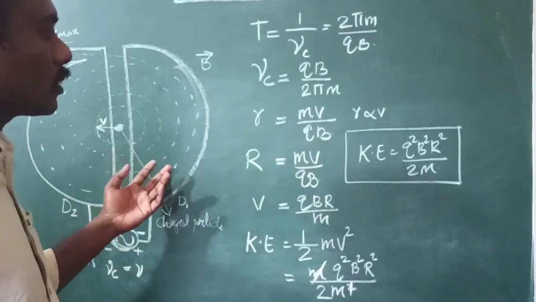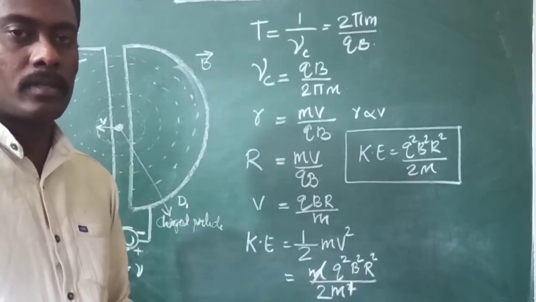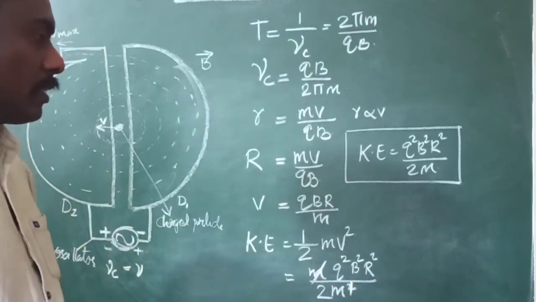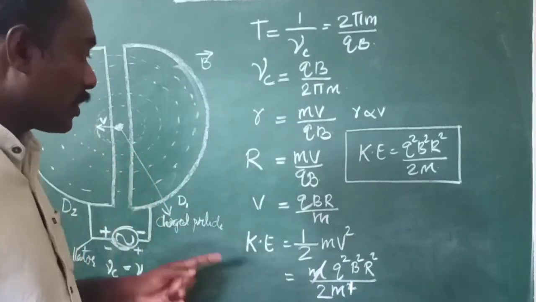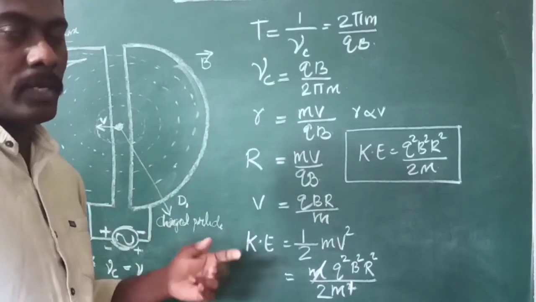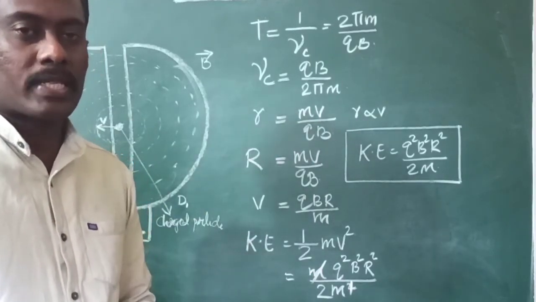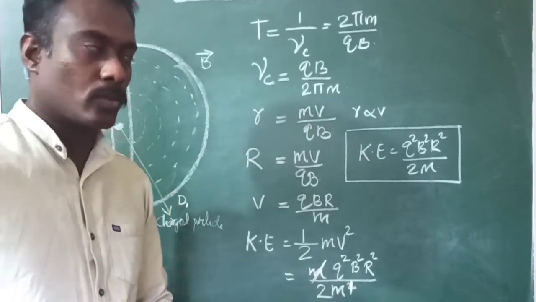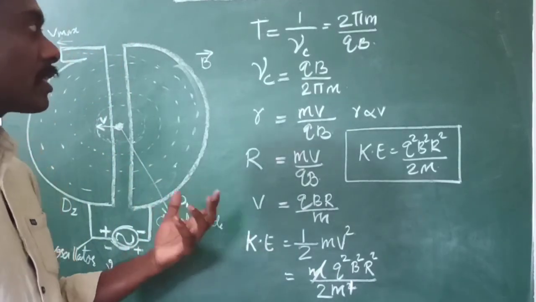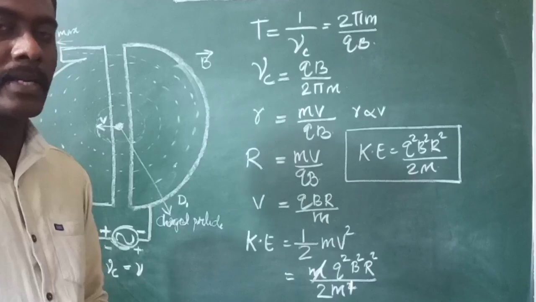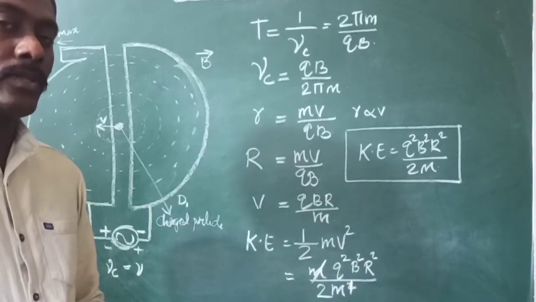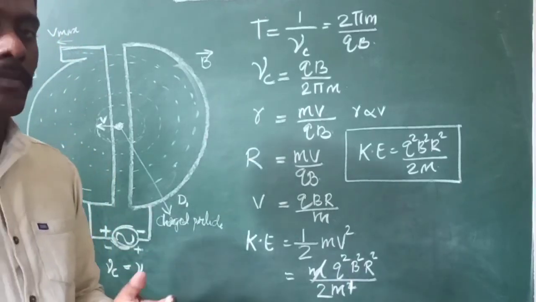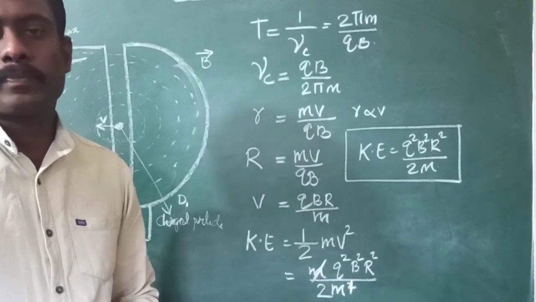Another use is that the charged particles accelerated by the cyclotron can be used to start nuclear reactions. The radiation produced by the accelerated particles can also be used to diagnose and treat various diseases. So these are the uses and some limitations of cyclotrons, and I hope you understand.